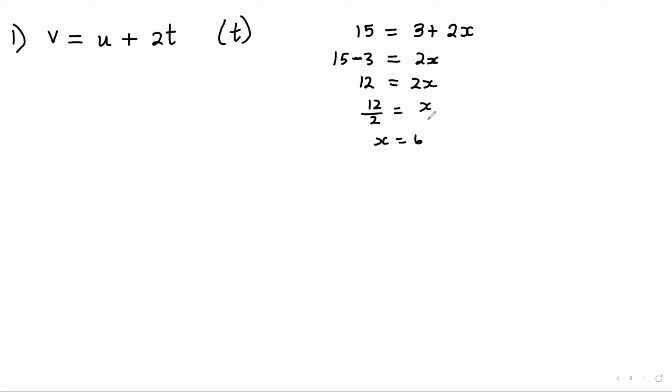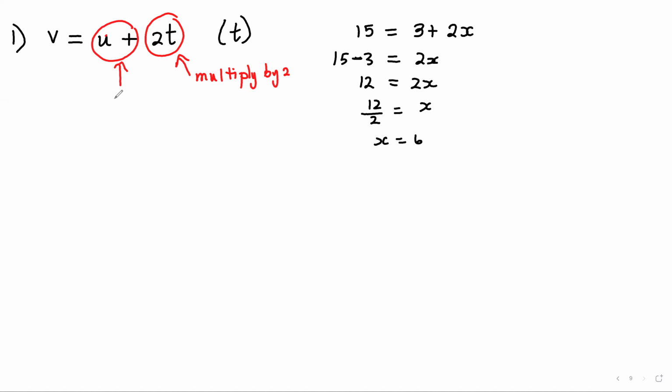So when you're changing the subject of the formula, it's very important to identify what operations are being done here. So in v is equal to u plus 2t, this is multiplying by 2, and then here is adding.